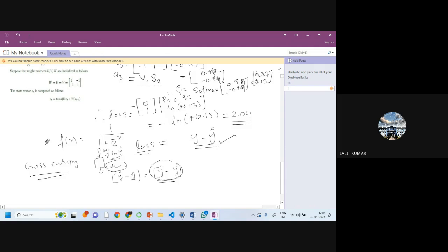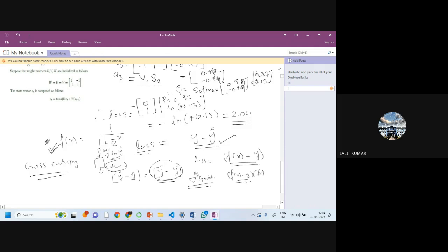Similarly, when we do for this one, directly you can put here that loss is equal to fx minus y, and that's why the delta for sigmoid, which comes is fx minus y times fx.